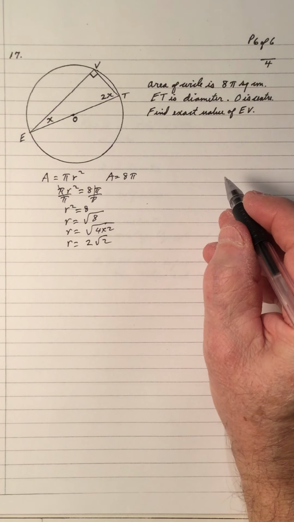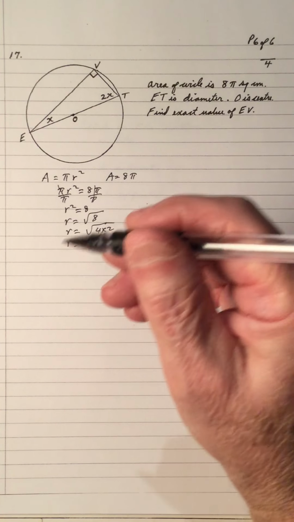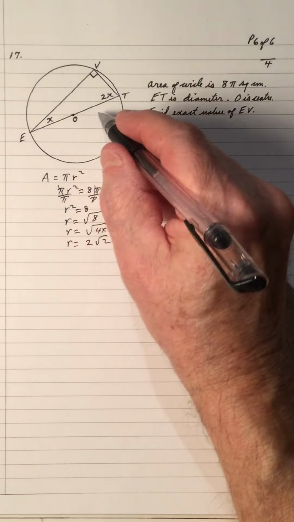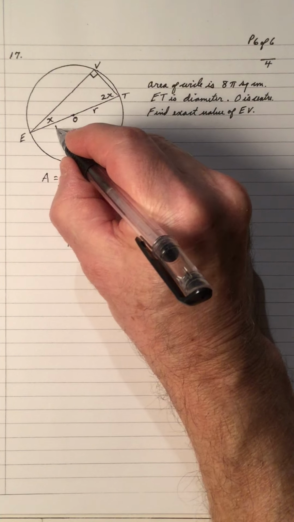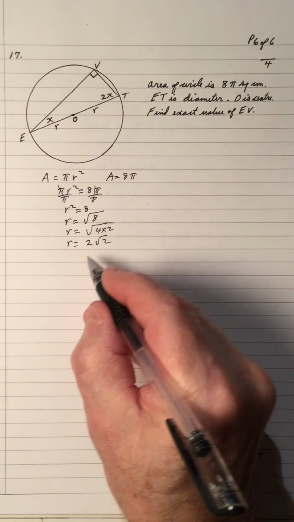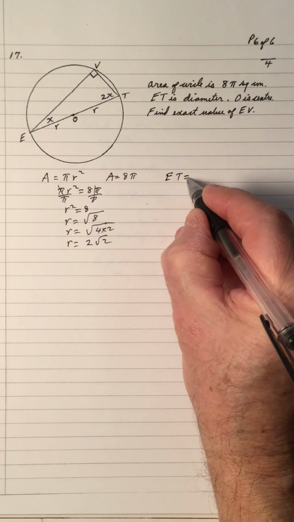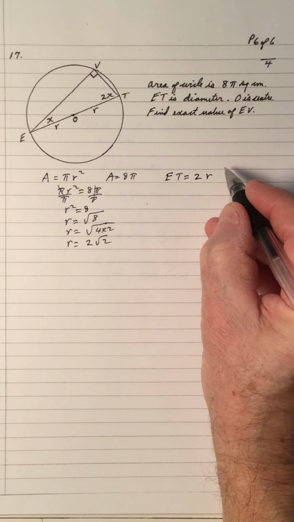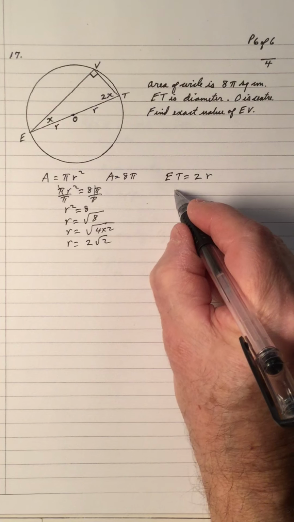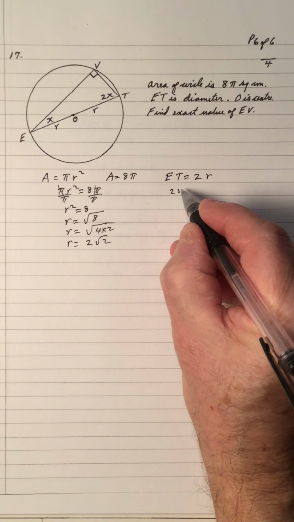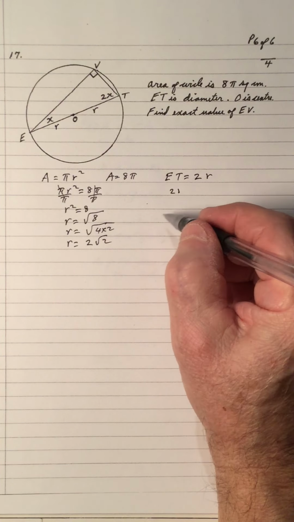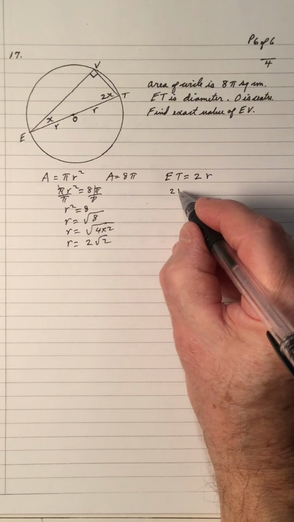So let's continue. What else do we have here? That's a radius, and that's a radius. So that means that ET is the diameter, or 2r.